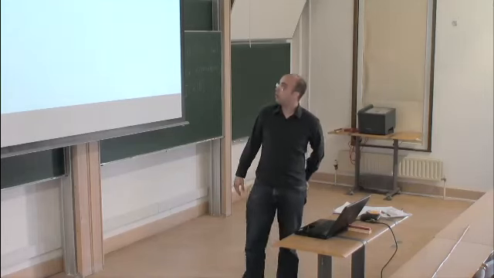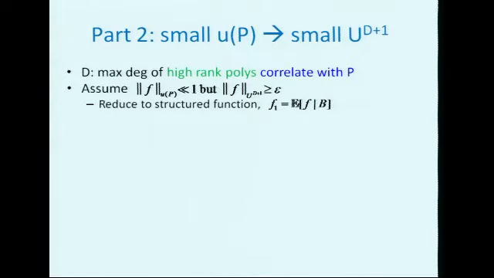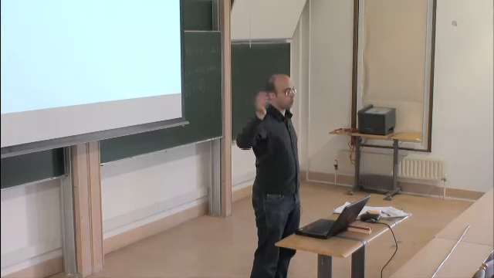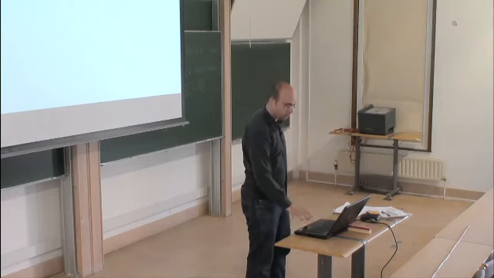So again, we assume by contradiction that we have some function with no correlation with the property, but with some d+1 uniformity norm bounded by some epsilon. Before, we can reduce f to be some structured function of polynomials of degree s, where s is some large number, much larger than d.